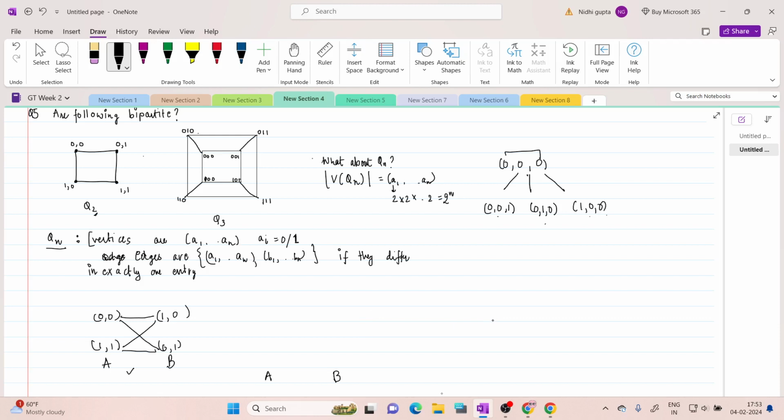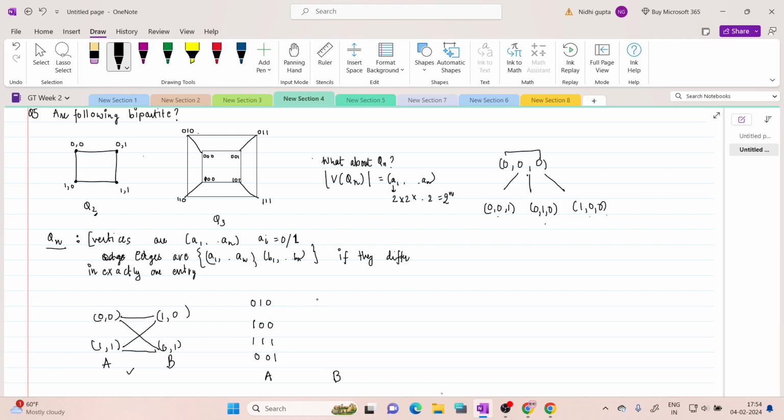He says it is bipartite and gives set A: 0 1 0, 1 0 0, 1 1 1, and 0 0 1, and set B is basically the remaining ones. So is he correct? What do you think? He has given me these four options.